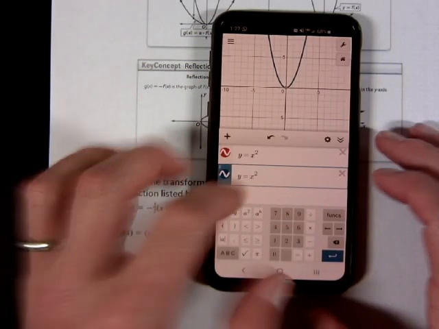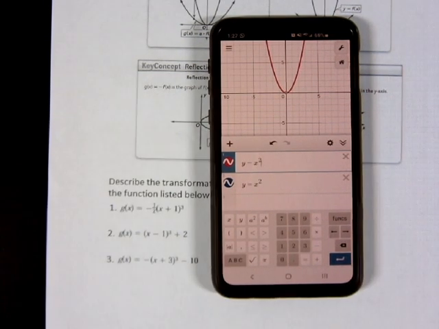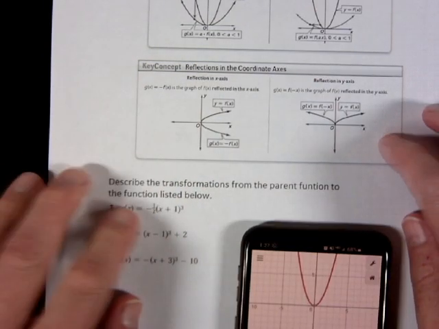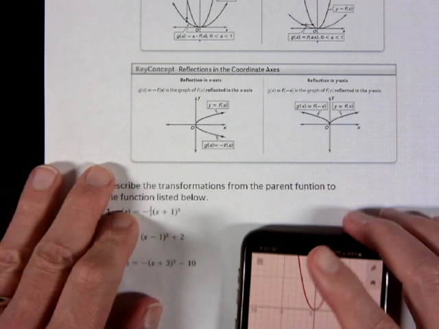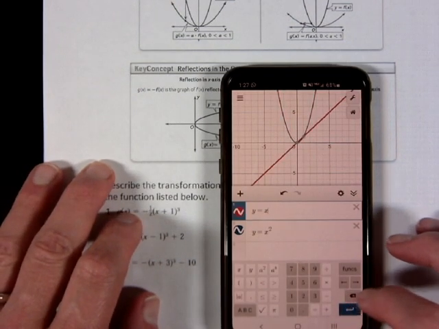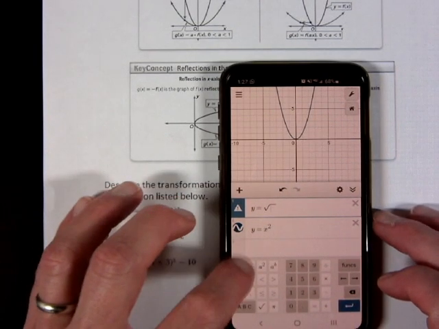And here, I'm going to change my graph a little bit, because if I were to do this with the quadratic function, it would just flip over the y-axis and look the same. So I'm going to do the same thing that they did in the example on your notes, and use the square root function. I'm going to take this off, and we're going to change it to the square root parent function.